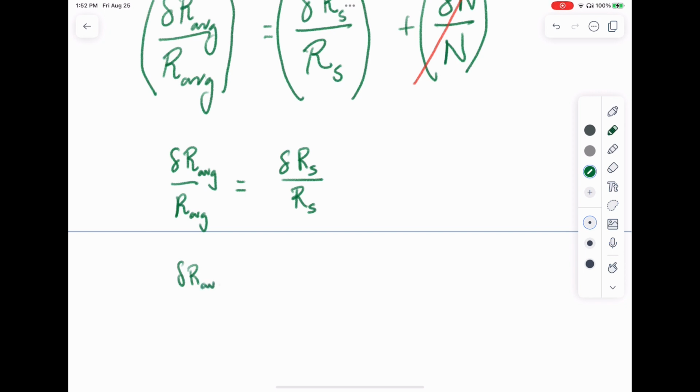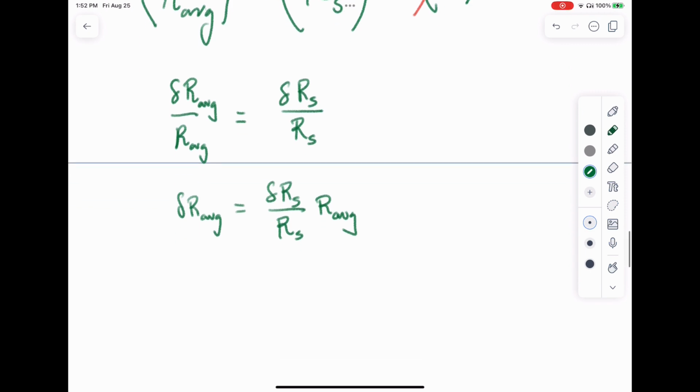Now we have the average uncertainty equals the uncertainty in the sum over the sum times the average. So now it's a matter of finding the uncertainty in the sum as well as the sum. We have the average, and we'll just plug those numbers in.